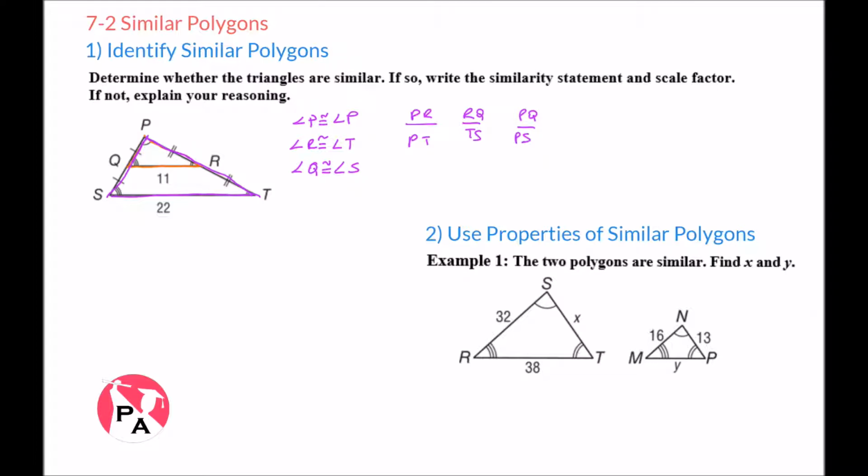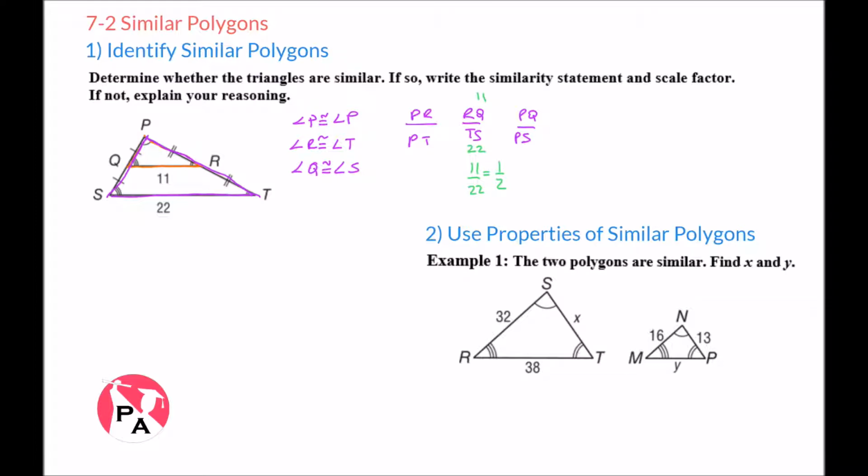So let's see if we know any of these measures. If I look at the figure, I realize that I know QR is 11, ST is 22. I'm going to write them on the segments. QR is 11, TS is 22. If I divide 11 by 22, I get 1 over 2 simplified.